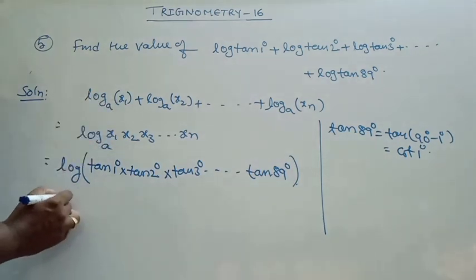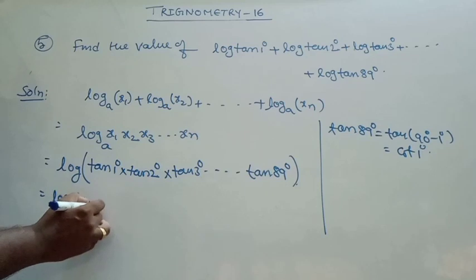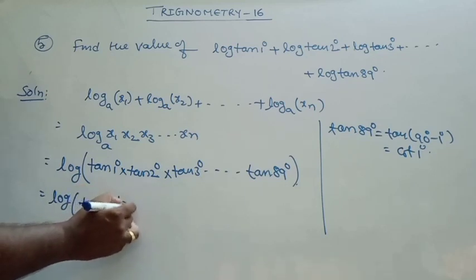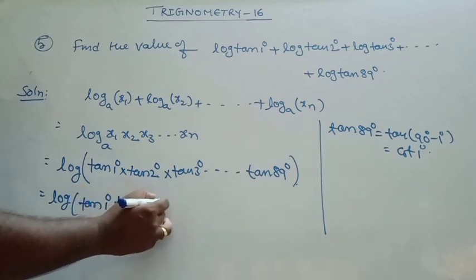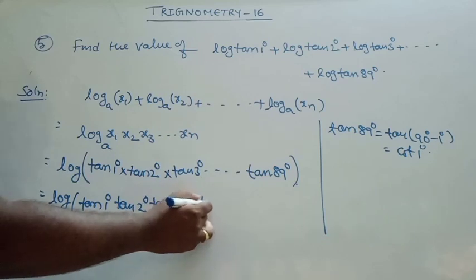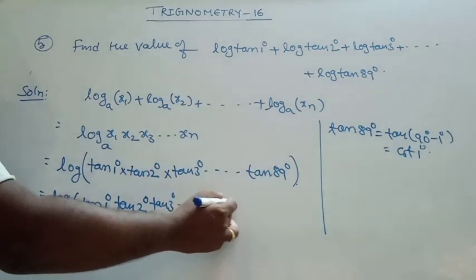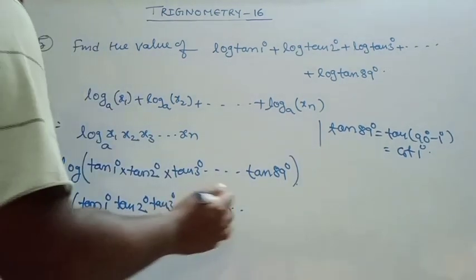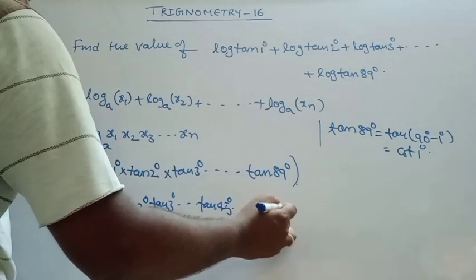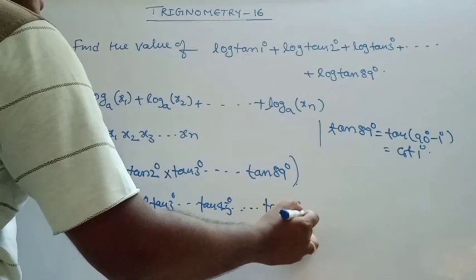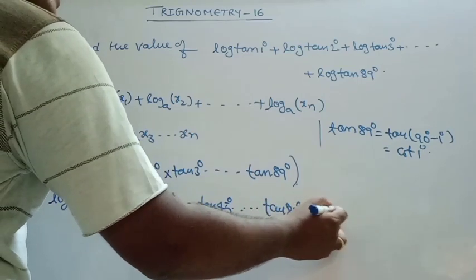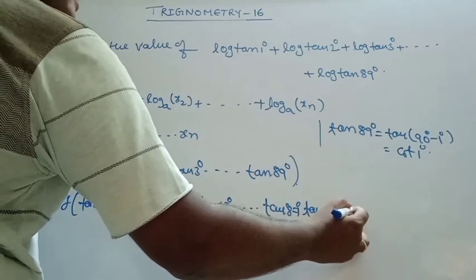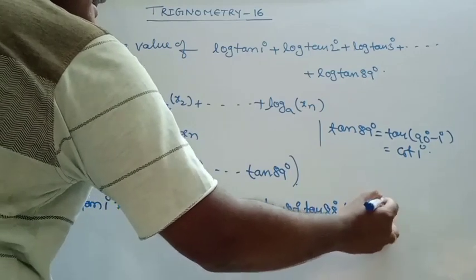Therefore log of tan 1 degree into tan 2 degrees, tan 3 degrees, in between you will have tan 45 degrees, and so on, and we have here tan 87 degrees, tan 88 degrees, tan 89 degrees.